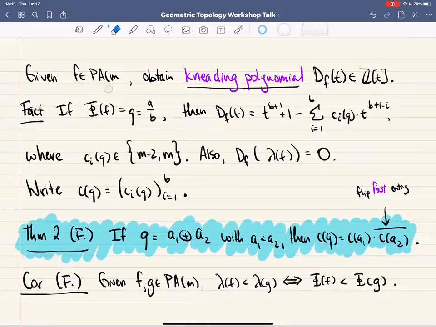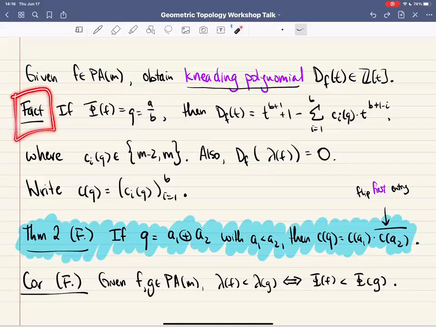Given a zigzag of pseudo-Anosov type, there's a way of assigning to it a polynomial invariant called the Thurston-Veech polynomial. This is an integral polynomial. It actually vanishes on the growth rate of your zigzag. And we can compute it explicitly.